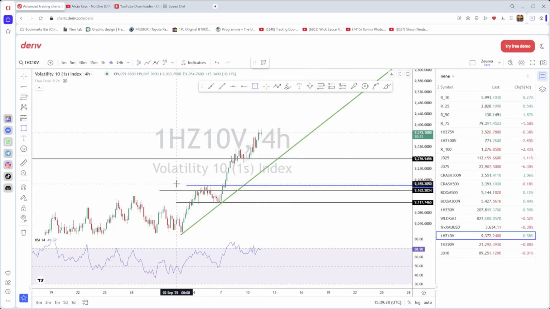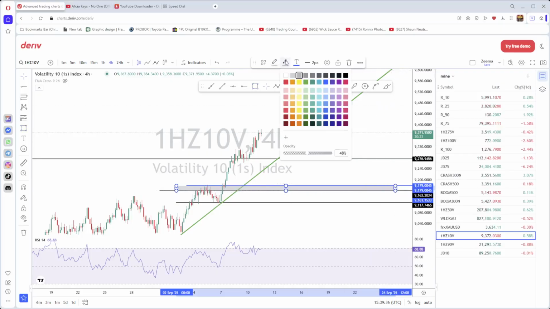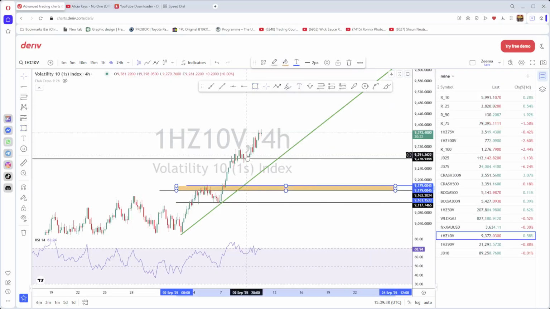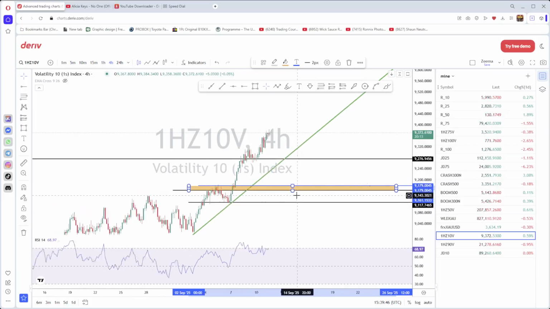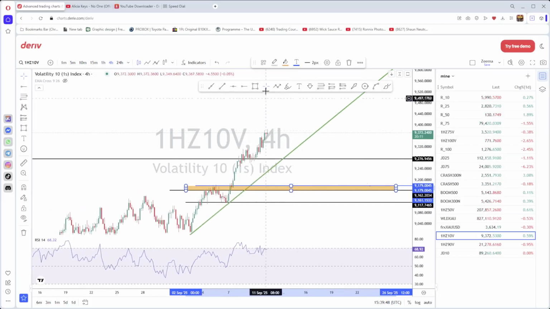Let's put a box right between it because the levels are very close, and then highlight that with an orange so we know it's a strong level. Inside, I'm not trading inside, above and below can be a trade.